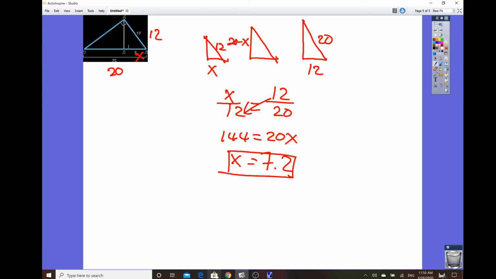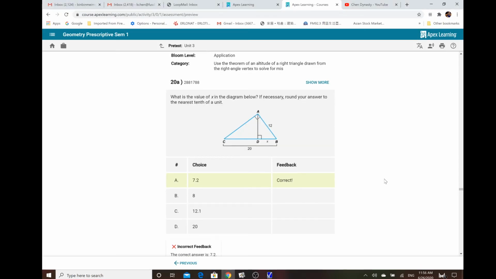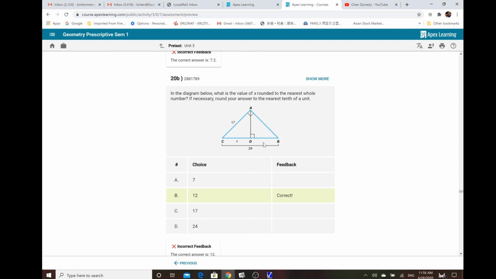And now let's see what else we have. So 20b is quite similar. This one can be done by using the geometric mean. As you can see, that's 17. We're not just using it for the small triangle, but also we're using 17 for the large triangle here. What I mean by the large size triangle is the whole thing here, ABC, or triangle ABC.